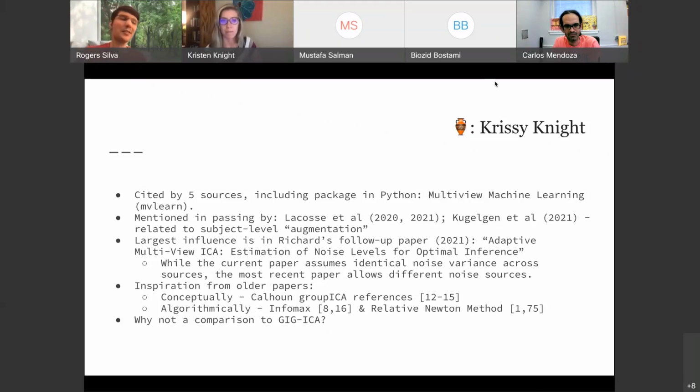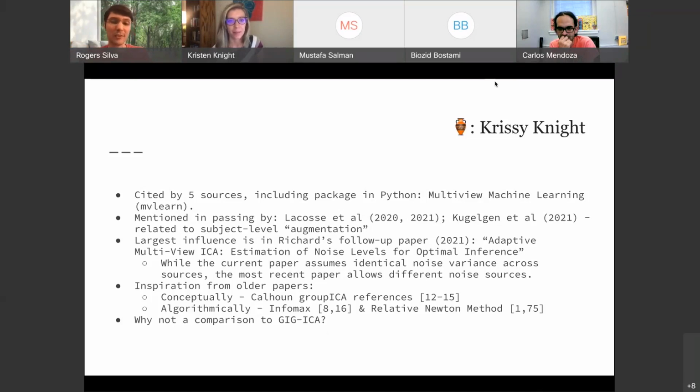Yeah, that's an interesting point to bring. I didn't even consider that particular paper, the Gig ICA paper, for comparison specifically, because that one is bringing in a prior, right? So it's definitely an important comparison, but it's in some sense kind of an unfair fight, because it's taking in some prior information.